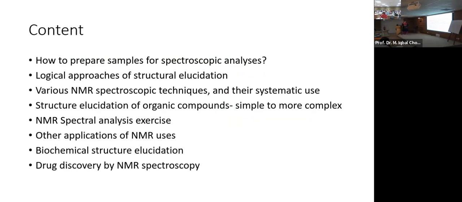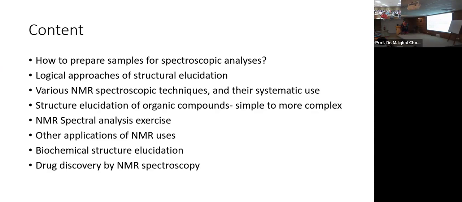Today we'll be discussing how to prepare the sample for spectroscopic analysis, the logical approaches that we need to follow for structural elucidation, and various NMR spectroscopic techniques and their systematic use. We will start structural elucidation practice together from a small molecule, and then go to the large molecule.